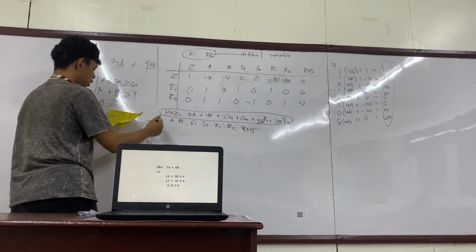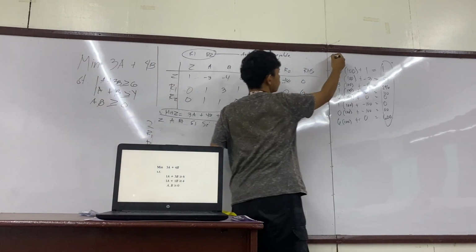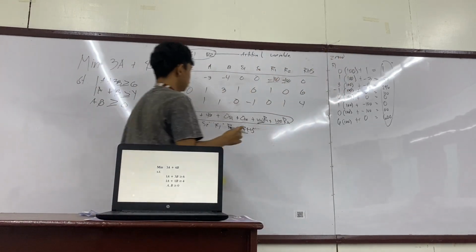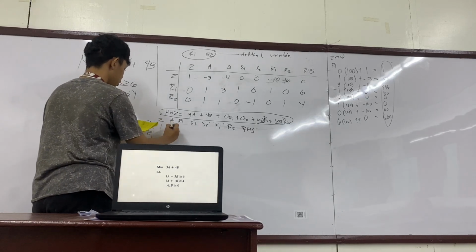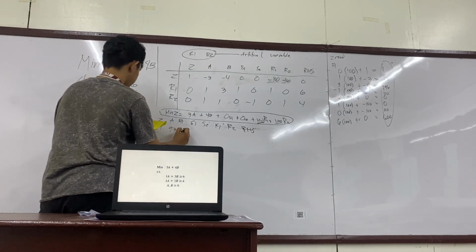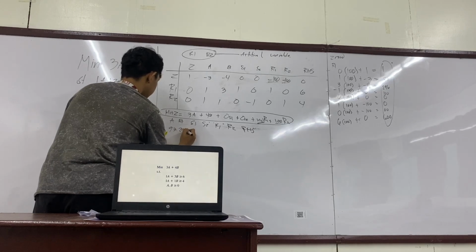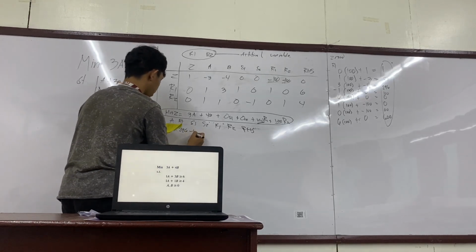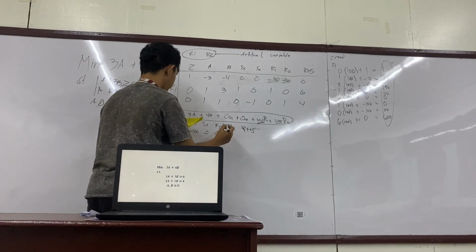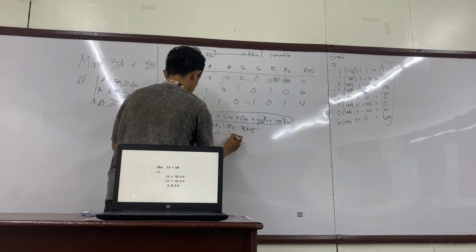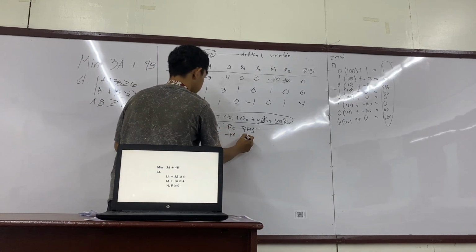Let's put it here, the answer, which is 197, 296, negative 100, 0, 0, then negative 100, then 600.